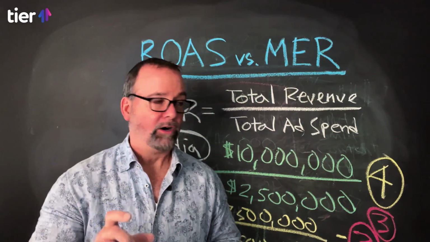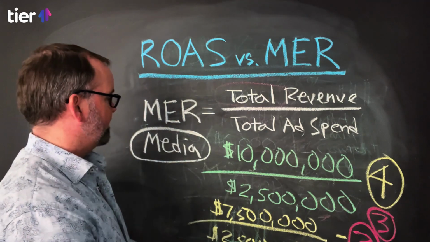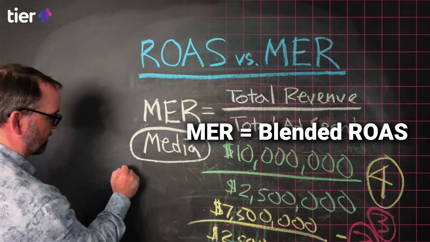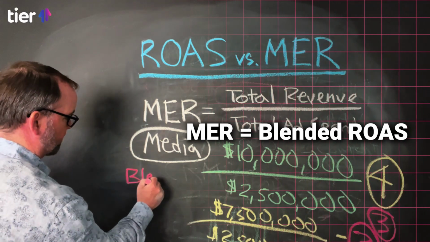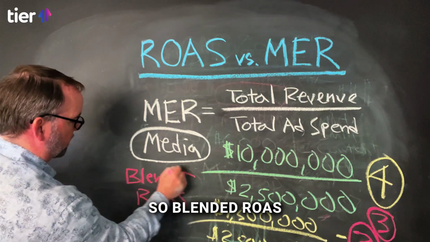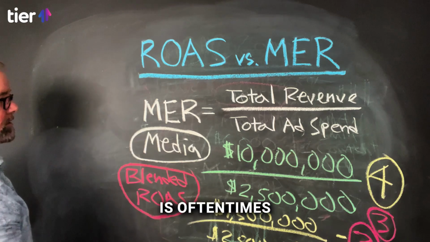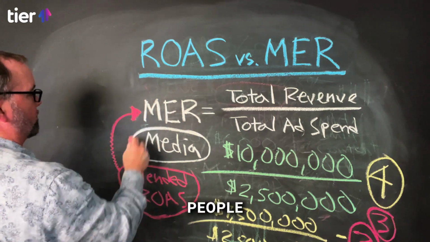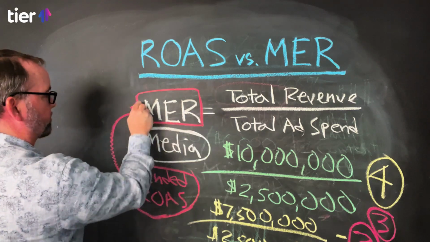Now, MER is also referred to as another name, which is called blended ROAS. Blended ROAS is oftentimes the same thing. People refer to these things as the same. Okay?